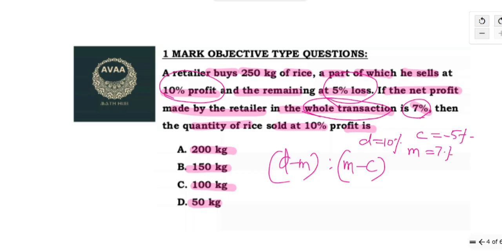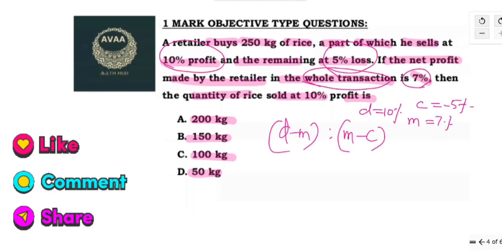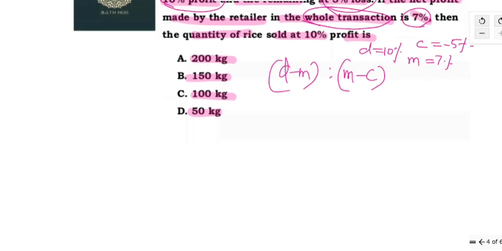So D minus M is to M minus C. So 10 minus 7 is 3, is to 7 minus of minus 5.